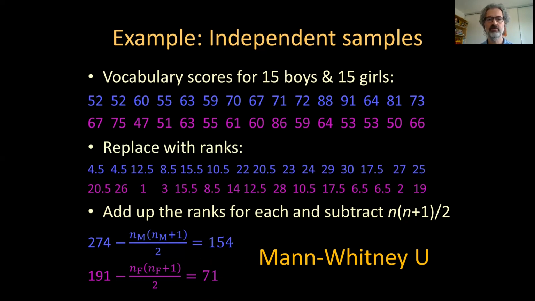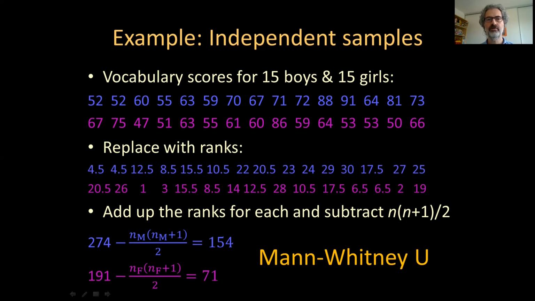What we need to do to evaluate probabilistically these numbers is to obtain the sampling distribution of U. Of course, there are formulas to do that mathematically, and the statistics programs do that for us.